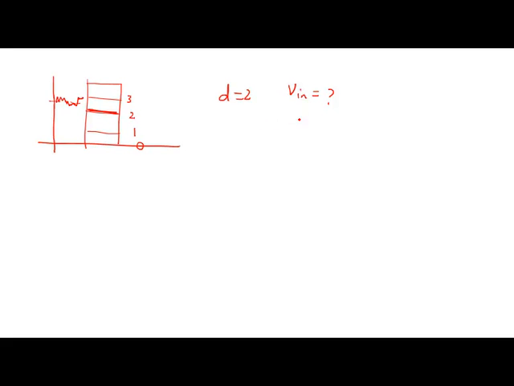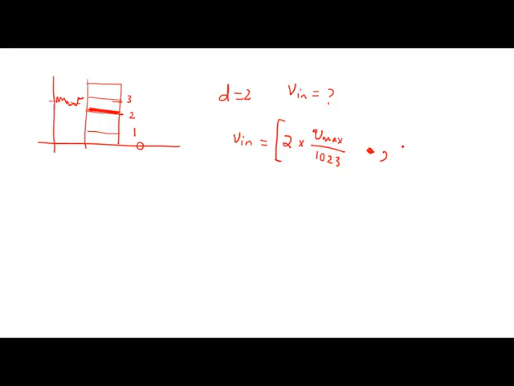So your Vin could be anywhere from 2 times your VDD or Vmax divided by 1023 or 2 to the n, so this is going to be the range. This is the minimum range, so if the signal is just slightly above this voltage level of 2, but the signal could have been slightly below this, right?